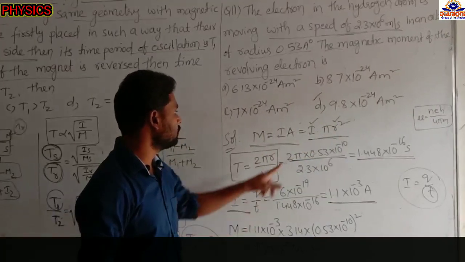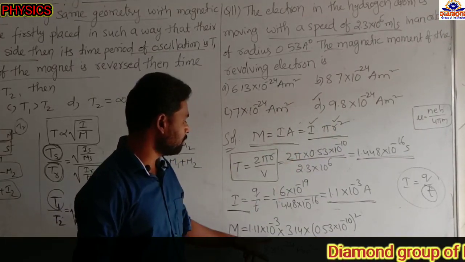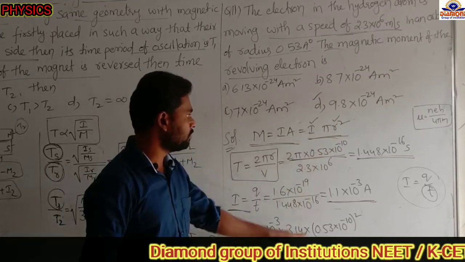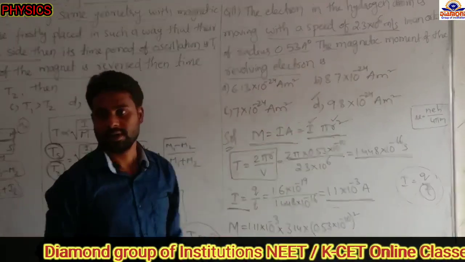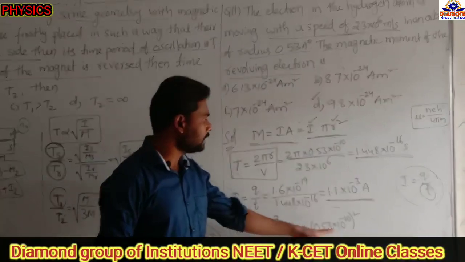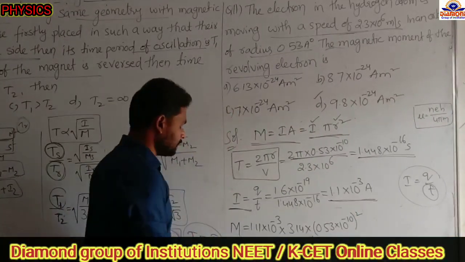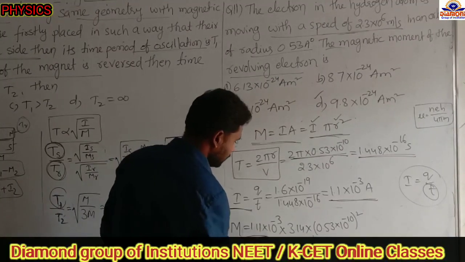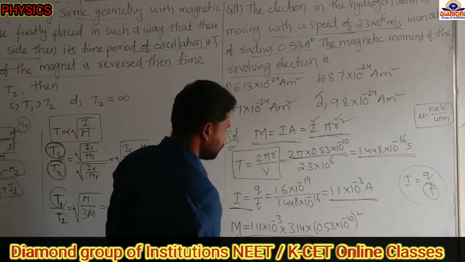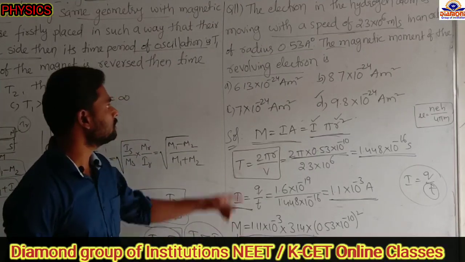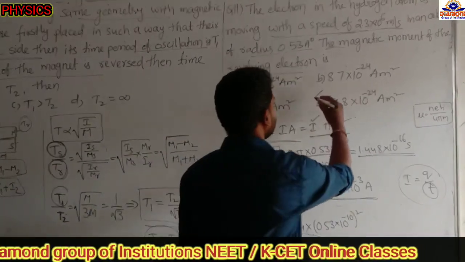Magnetic moment equals I value 1.11 into 10 power minus 3, pi value 3.14, and R value 0.53 angstroms, so 0.53 into 10 power minus 10 meters, all squared. Simplifying, we get the magnetic moment equal to 9.8 into 10 power minus 24 ampere meter square. This is the magnetic moment. So option D is the right answer.